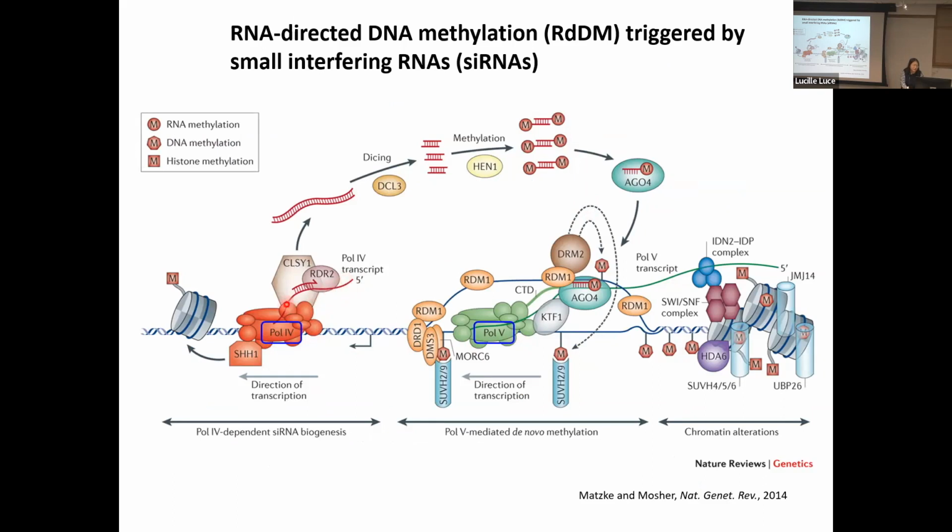Then this single-strand RNA can be copied into double-stranded RNA by RDR2, RNA-dependent RNA polymerase 2. Then this double-stranded RNA can be cut into small RNAs, and then loaded back to the original position or the regions with similarities to trigger de novo methylation. So this is the RdDM pathway.